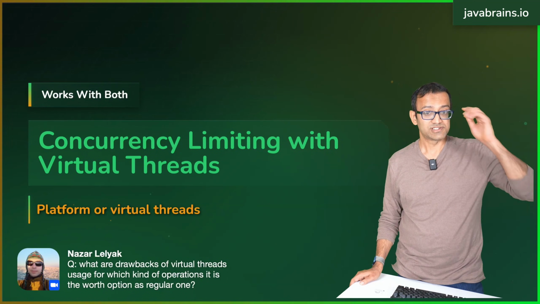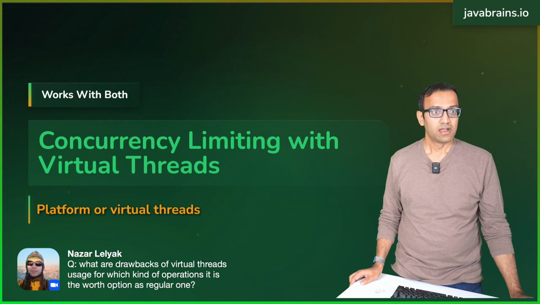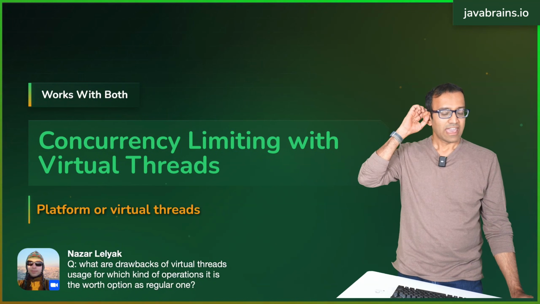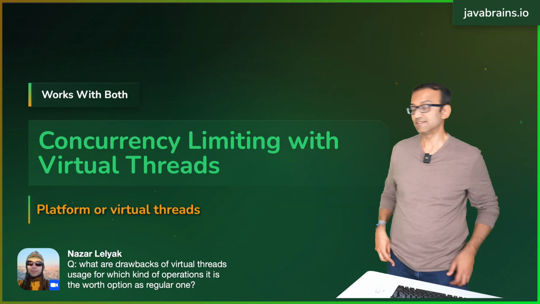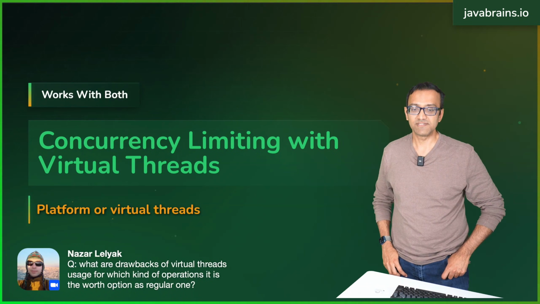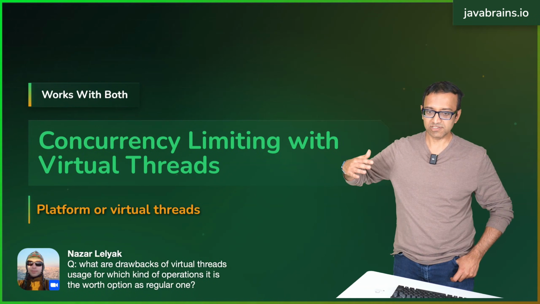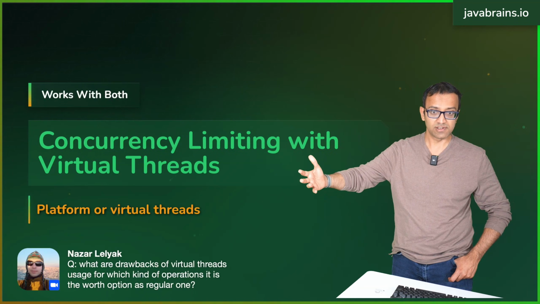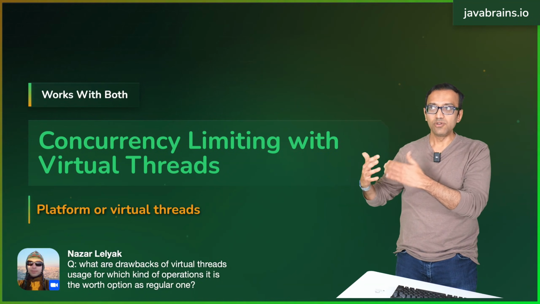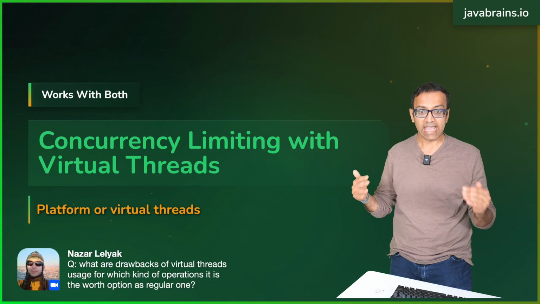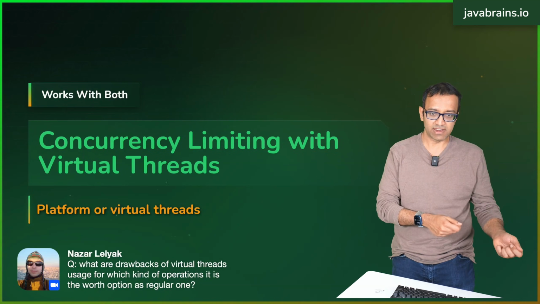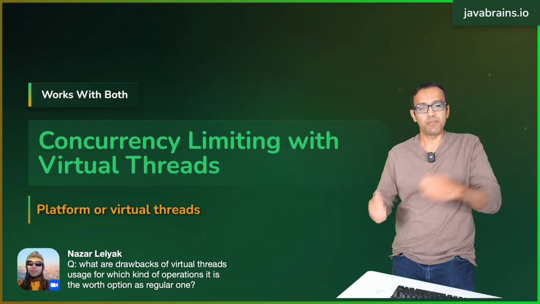What are the drawbacks of virtual thread usage? For which kind of operations is it worth option as a regular one? If you have virtual threads all along, then it's a great option. You're not limited by physical threads anymore. You have one service calling virtual thread, another service which is also a virtual thread. So it's basically like you don't have the thread limit at all anywhere. You basically remove a thread when it's not being used, pop it back on.